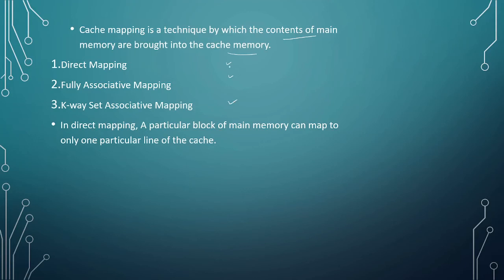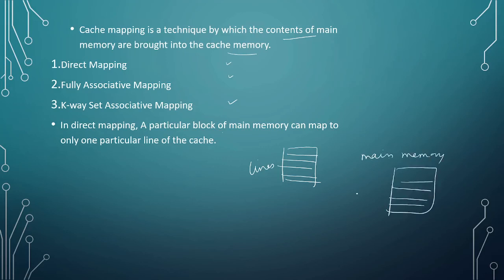So this is a question regarding direct mapping. So what happens in direct mapping? It's simple, that a particular block of main memory can map to only one particular line of cache. See, in cache memory, the parts we call lines, and in main memory, whenever it is partitioned, we refer to them as blocks.